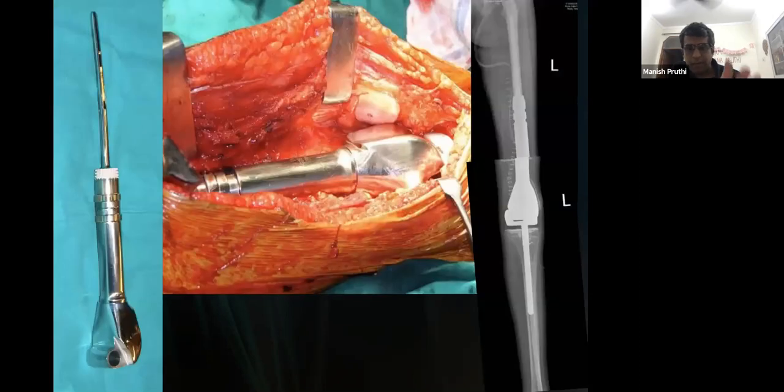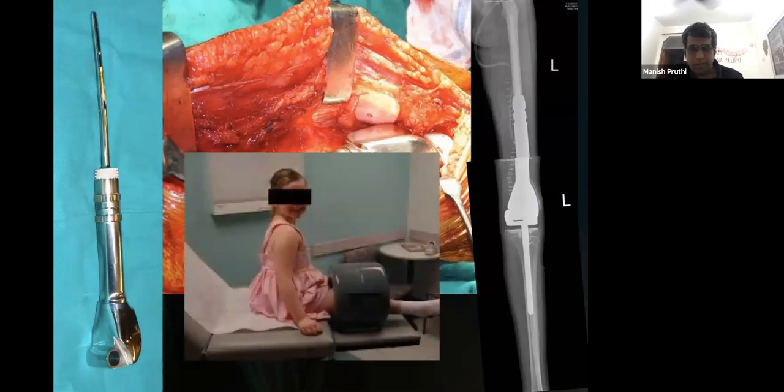Once we implant this prosthesis in a child, we close the wound, and then this is how the limb is lengthened. The child's leg is placed in a magnetic coil. We switch on the magnetic coil, and every 5 minutes or 4 minutes, the limb can be lengthened by 5 millimeters. We usually keep lengthening the child's limb at 3 monthly follow-up by 5 millimeters till the time the growth happens or the maximum lengthening is achieved.